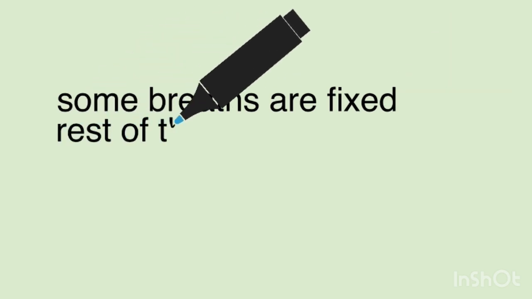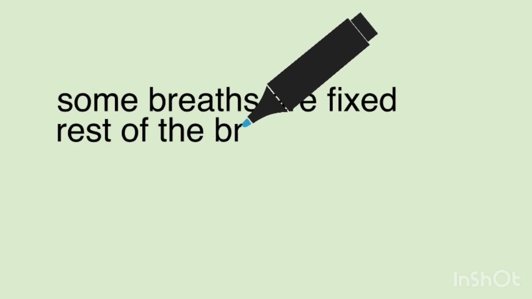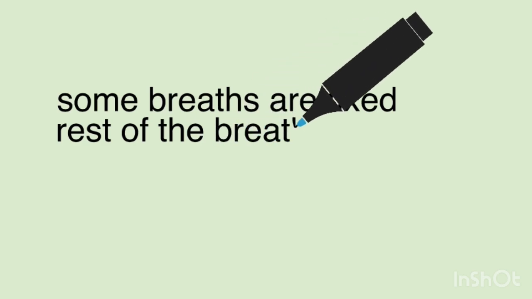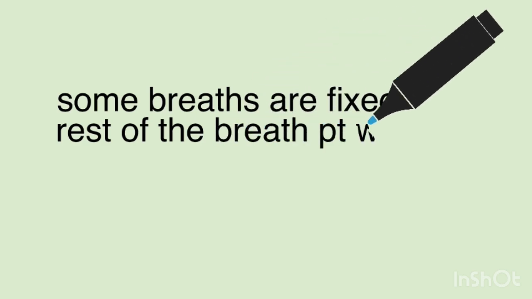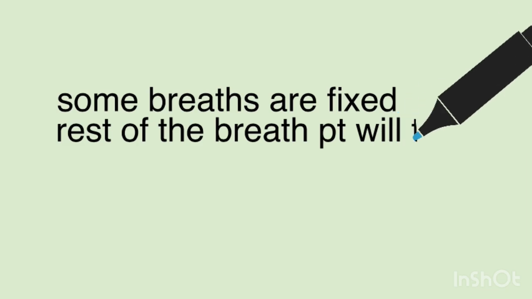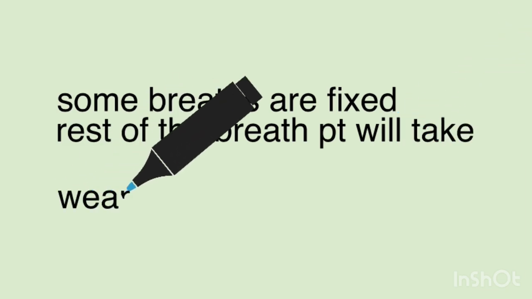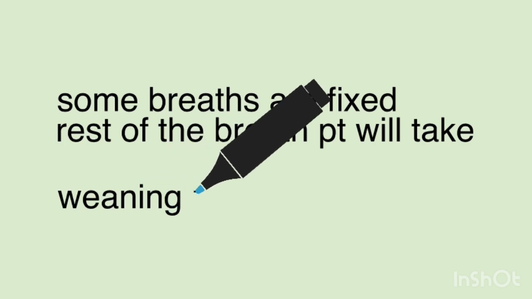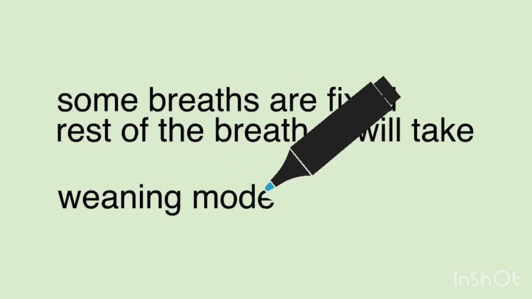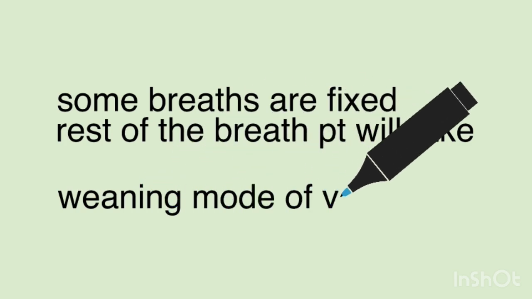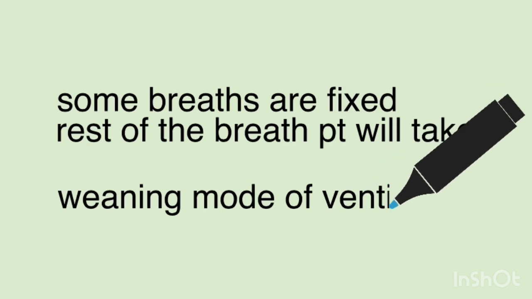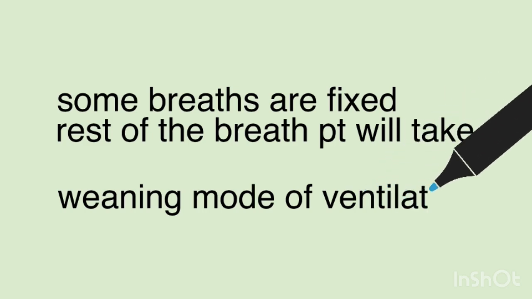Then the rest of the breaths the patient will take by themselves, like the total breath count will be 20 per minute. So this is a mode of weaning off from the control mode. Some breaths the machine will provide and some breaths the patient will take by themselves.